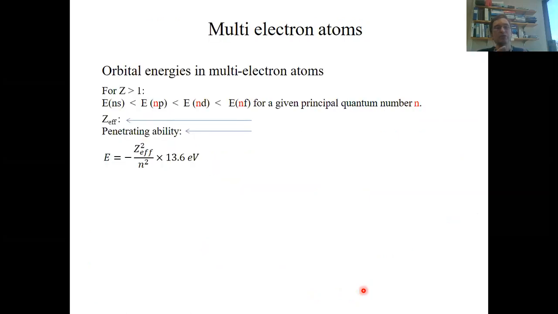Okay, so now these considerations can be extended to other multi-electron atoms. We can generally say that when we have electrons of the same quantum number n, then the energy of the s orbitals is lower than the energy of the p orbitals, which is lower than the energy of the d orbitals, which is lower than the energy of the f orbitals.